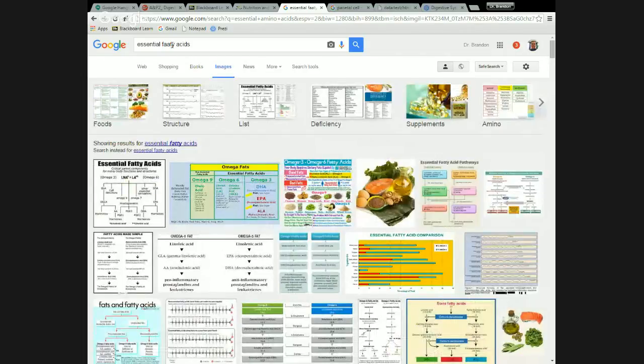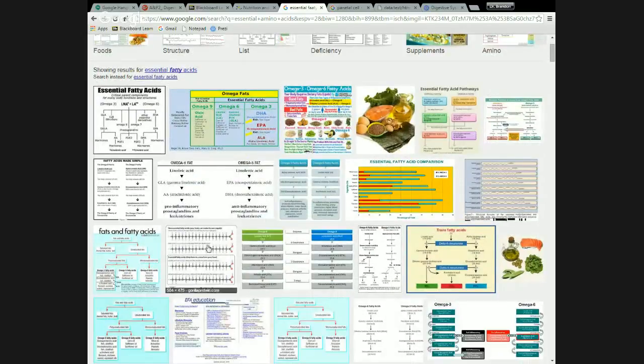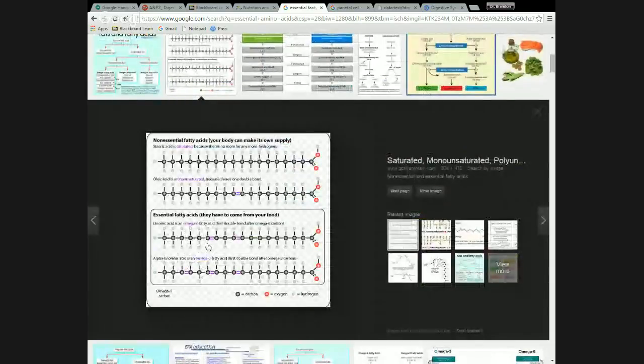Now, when I do an image search for essential fatty acids, you get a lot of pictures like this that show you foods that are good sources of these types of fatty acids. What I want to show you is the structure of fatty acids. Actually, let me go here.